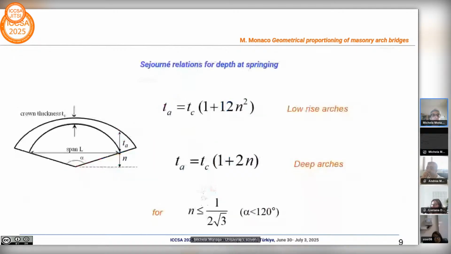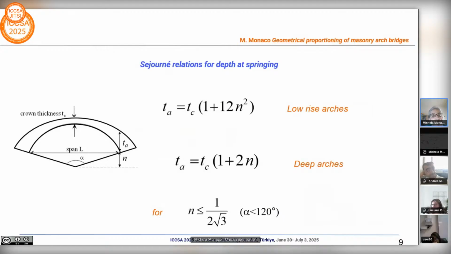Yes, this one. Here there are the Séjourné relations for depth at springing. This is the relation for low-rise arches, and this is for deep arches.